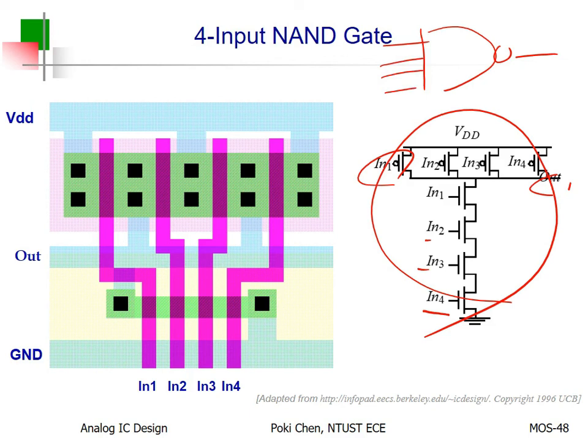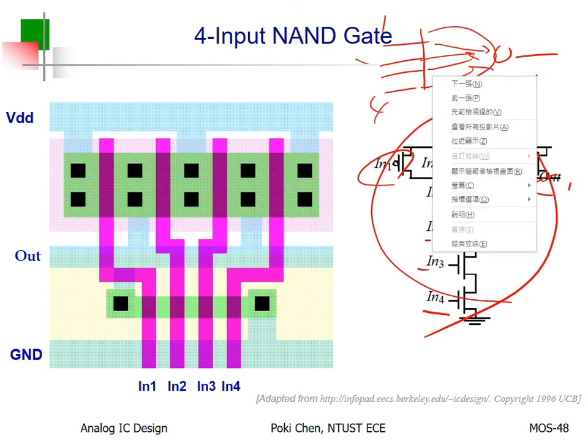So supposed to be from here to output, everybody enjoys the same delay. No, sorry for that. From IN 1, 2, 3, 4 to output, I promise you, if your simulation is detailed enough, then you can see the difference. They are not the same.